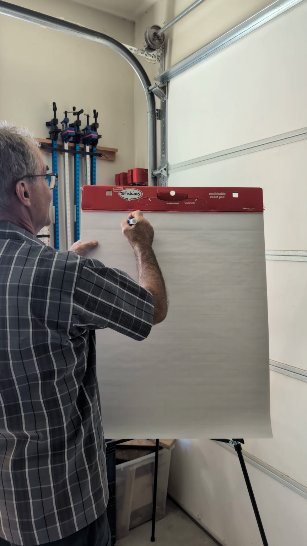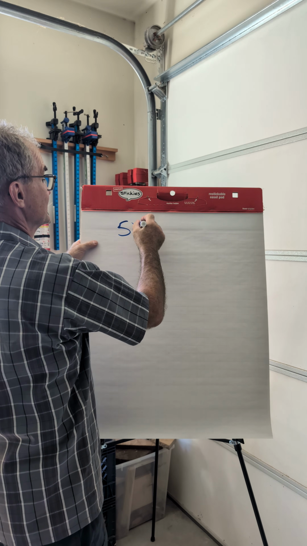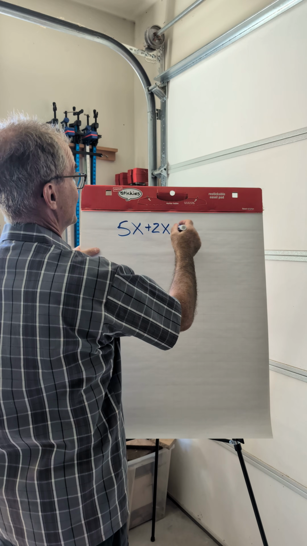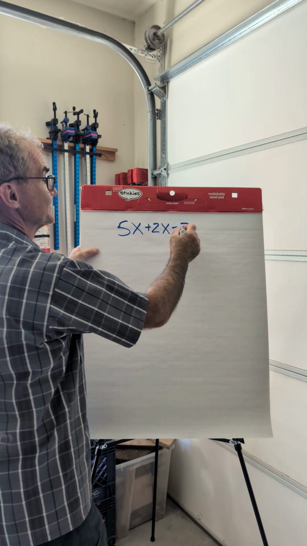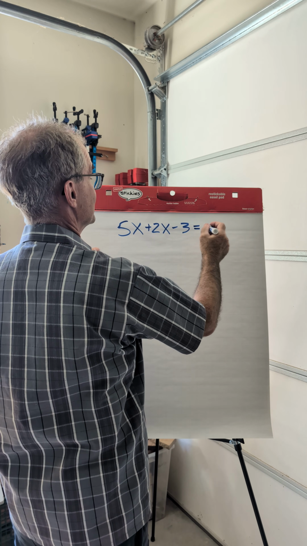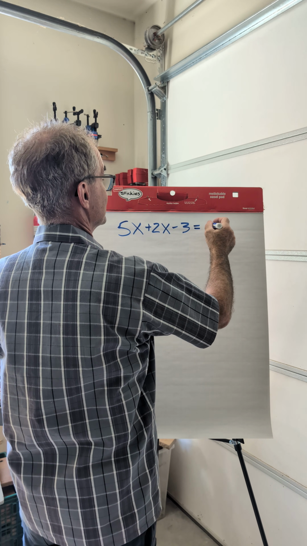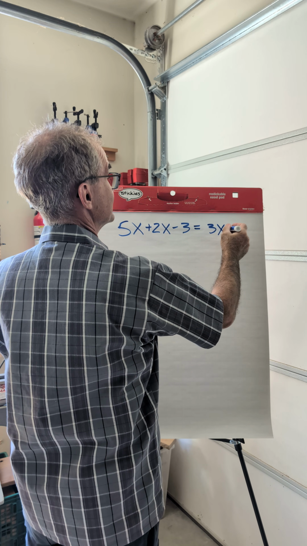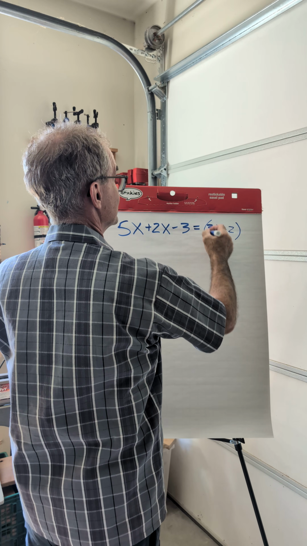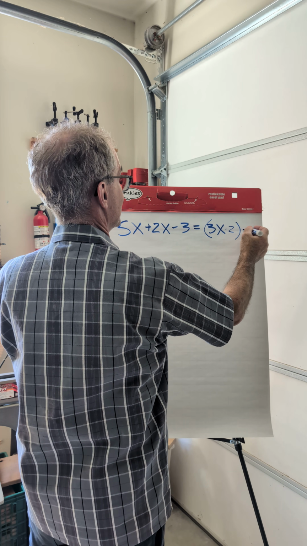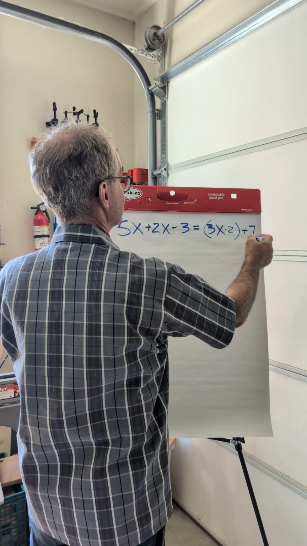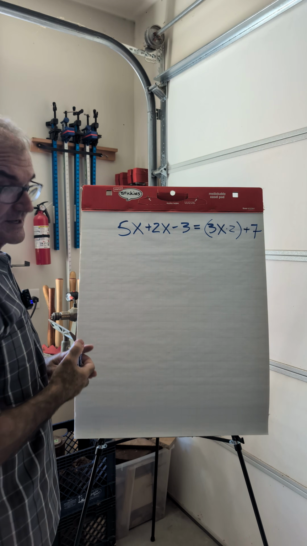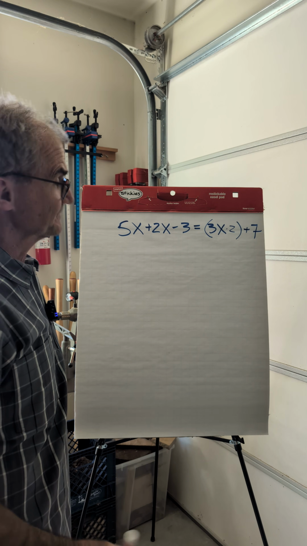Let's say now I have 5 of these x's plus 2 of these x's minus 3 is equal to 3x times 2 plus 7. So pause the video, give this one a try.